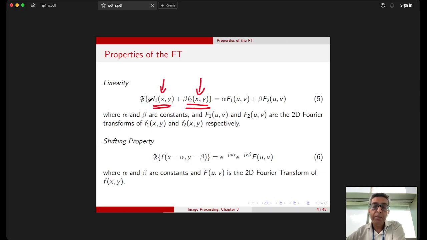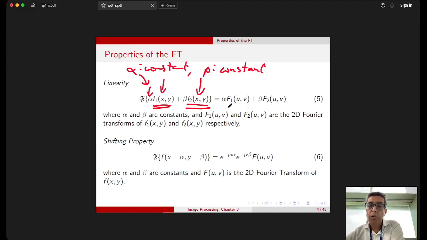If we have a weighted summation of those two, where we weight the first by a constant alpha and beta is also a constant, then the Fourier transform of the weighted sum of those two fields is the weighted sum of the individual Fourier transforms of each field. That is known as the linearity property of Fourier transforms. You have a similar thing for one-dimensional transforms as well.